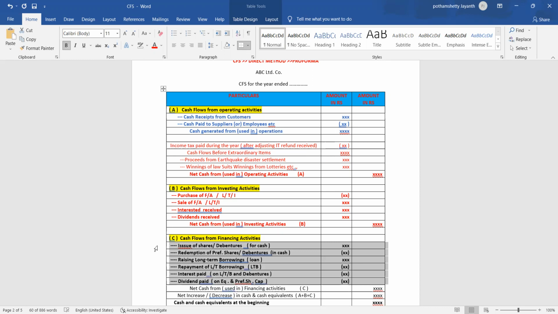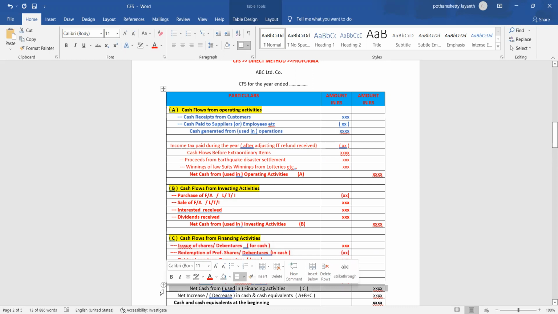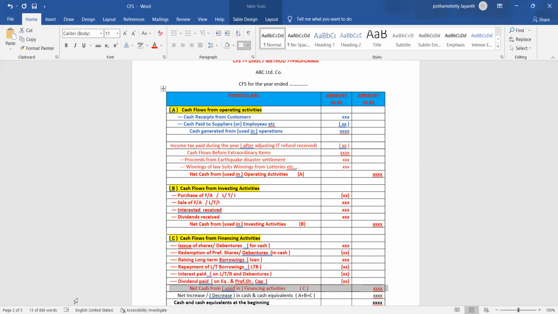These have become bold now. These all come under financing activity, and whether it is direct method or indirect method will not change. If you add all these things relating to financing activity, you will get net cash from financing activity. If minus value is there, you write net cash used. If plus value is there, then you write net cash from financing activity.